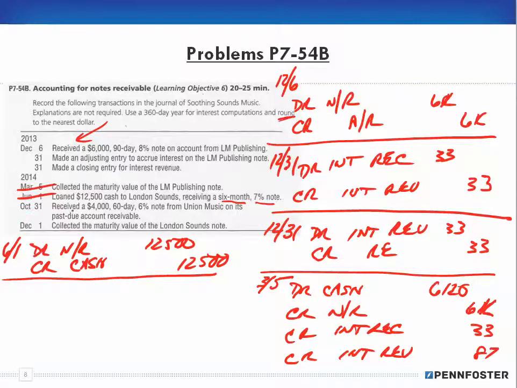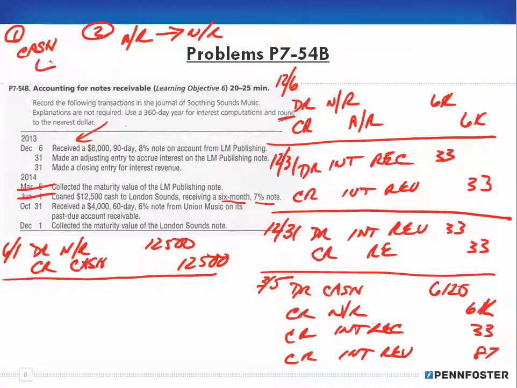On October 31st, received a $4,060 60-day 6% note from Union Music on its past due accounts receivable. So again, let me back up here. One, you create a notes receivable if you directly lend cash. Two, you can create a notes receivable if you're converting your accounts receivable to a note receivable.